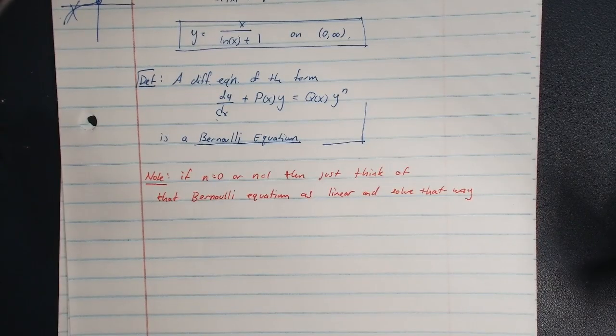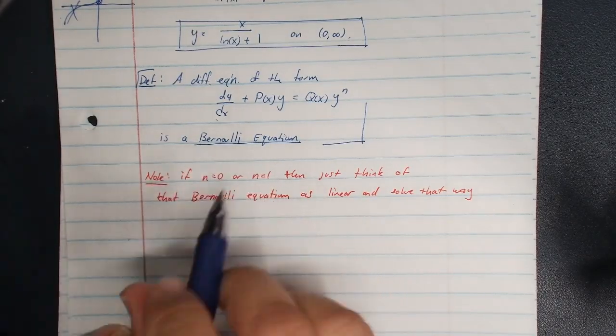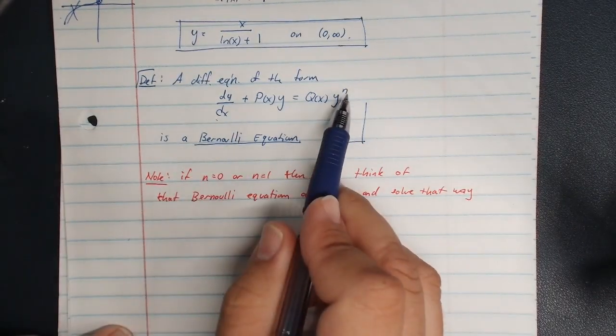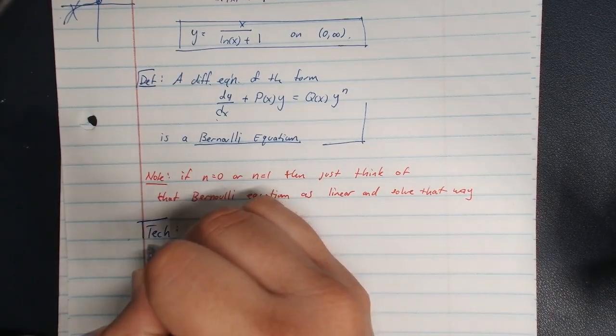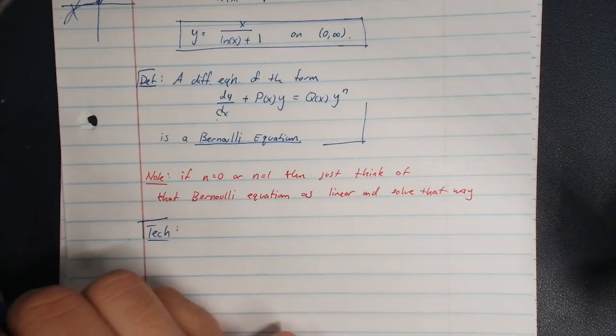All right, so now let's take a look at the technique that would work for a general Bernoulli equation where n is 2 or higher. And again, it's a substitution.